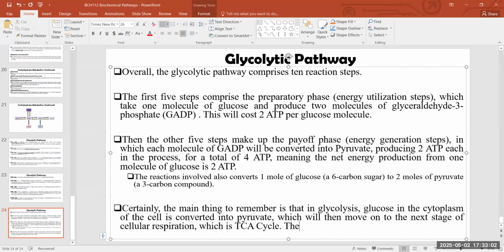It's a reaction that is as old as our ancestors. It's an ancestral reaction. In fact, some scientists argue that glycolysis is a biochemical reaction that accompanies the evolution of life.